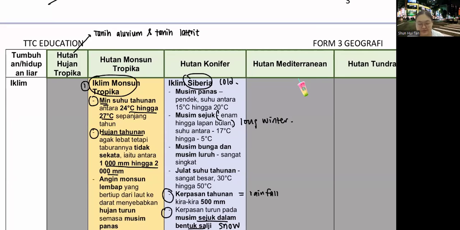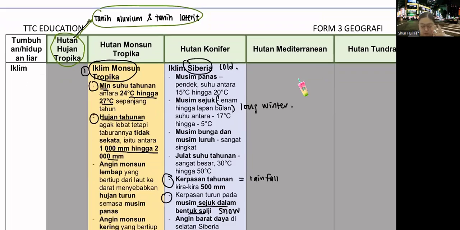What do you mean both? No. Normally, when they talk about hutan hujan tropika, prioritize to write this, because chapter 4, normally, they ask you hutan hujan tropika will be the chapter 4 story. All right, chapter 4. Then they will actually expect you to write Tanih alluvium and Tanih laterite.